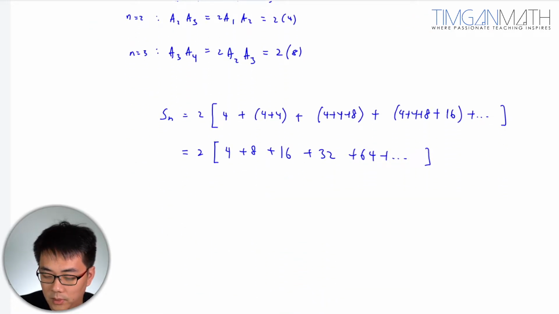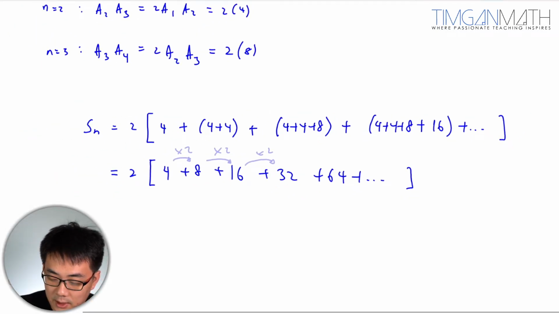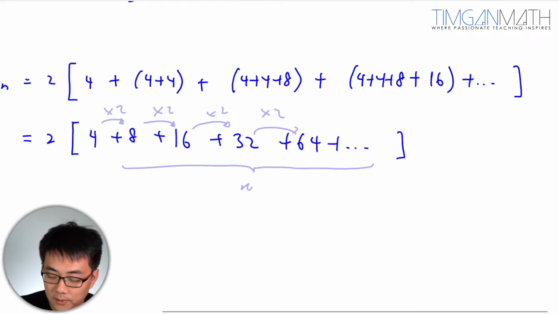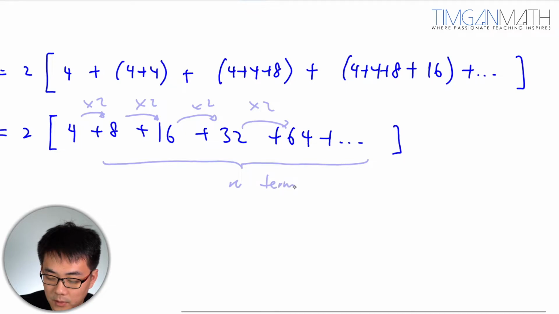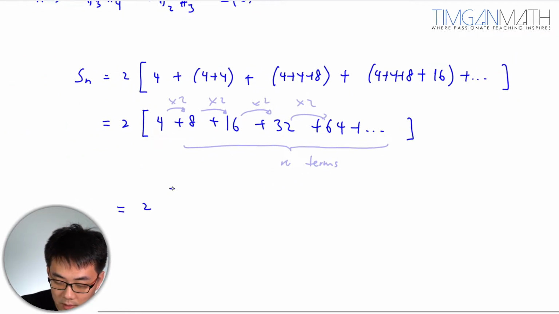So we have got a GP here where every time we multiply by 2. So this is n stages here, a GP of n terms. The first term is 4, then the common ratio is 2, using the formula with 2 to the power of n minus 1.